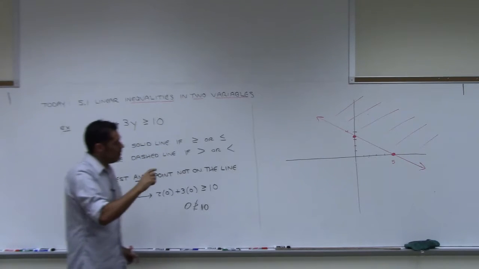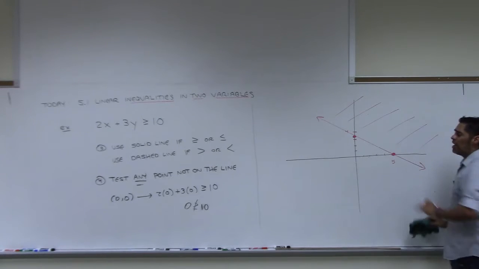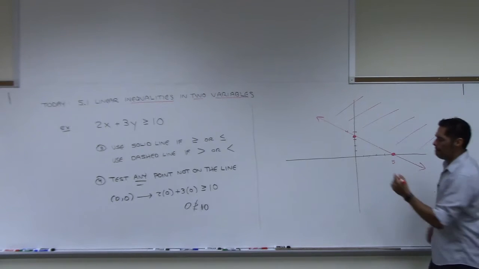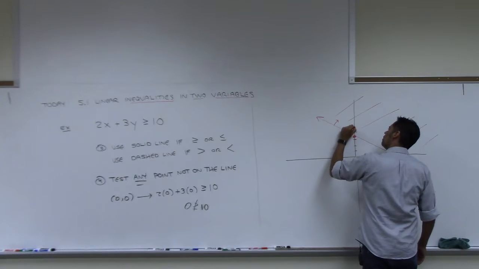Now there's another notation we can use instead of drawing all this shading. And I'm going to show it to you because when we get to the next topic, which is systems of linear inequalities, this will help you find the answers. What we can do is draw our solid line, and then draw little arrows like this.